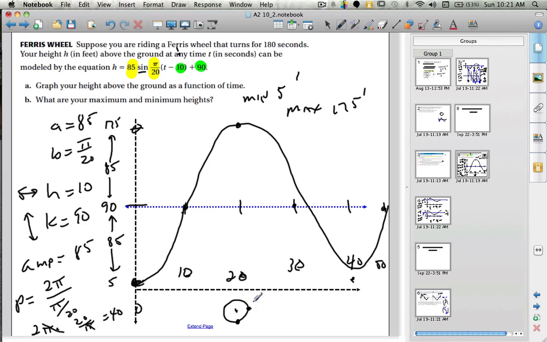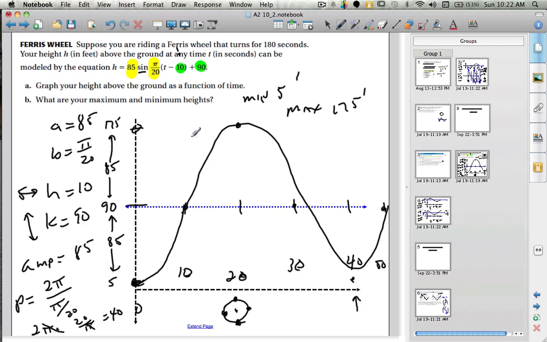That's 90 feet. 10 seconds later, I'm at the top. 10 seconds later, over here, I'm back at that middle point of 90 feet. And then over here, I'm at the bottom. If I'm only going around once, this is where I'd end up. Normally, they run you several times around. The cycle would go on until we finished. So that's working with the function of a Ferris wheel.